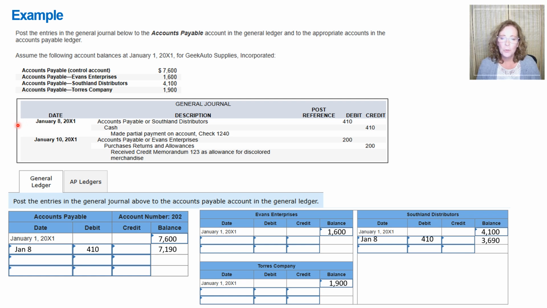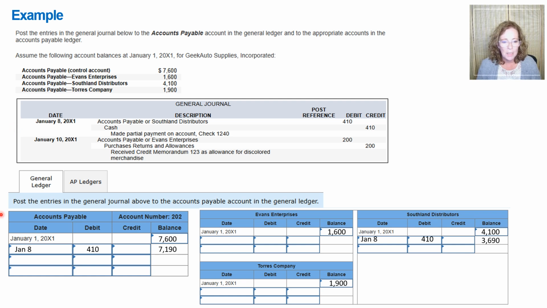Next, we post the journal entries to the general ledger. In this exercise, you're only asked to post to the accounts payable general ledger account and the subledger accounts, but of course you would also post to the other general ledger accounts that are part of the journal entries. So for the January 8th transaction, there's a debit to accounts payable for $410 for Southland Distributors. Let's post that here.